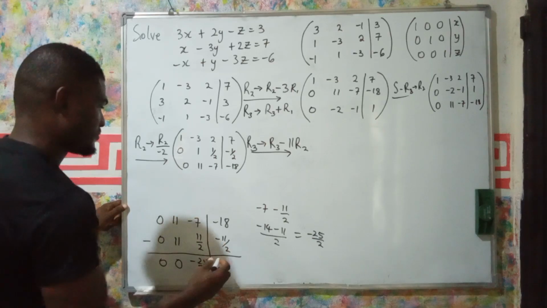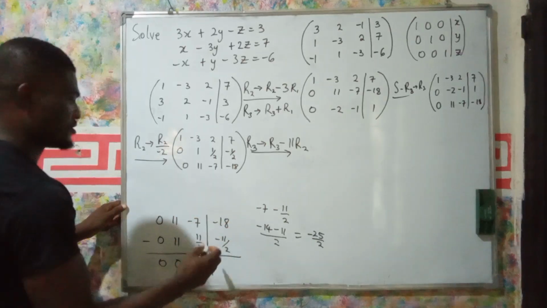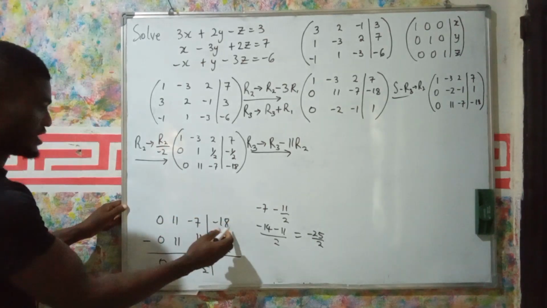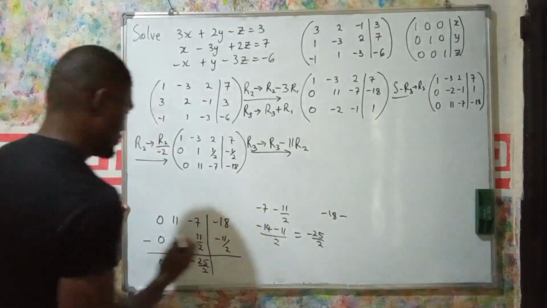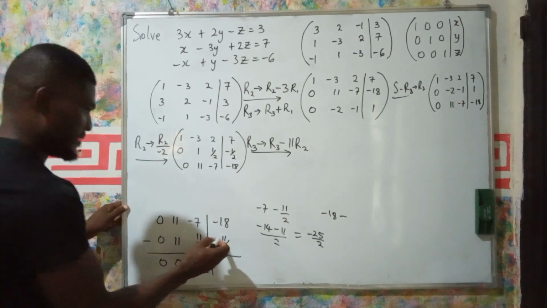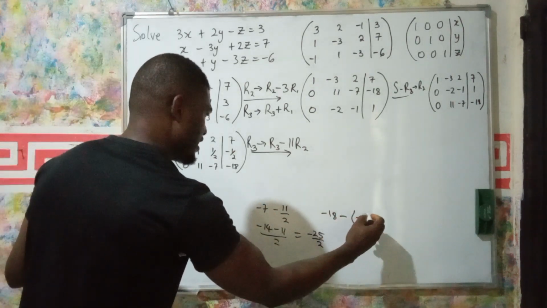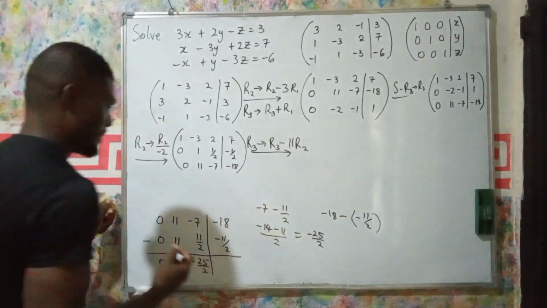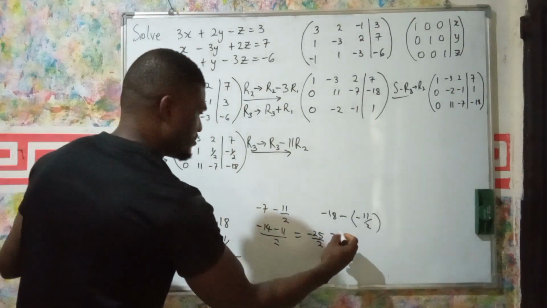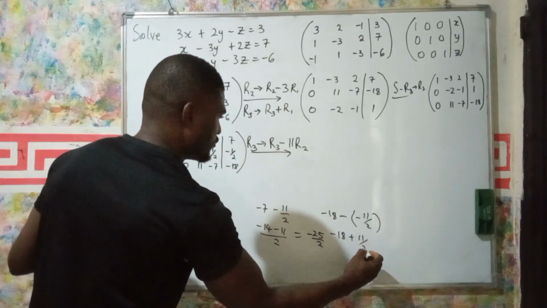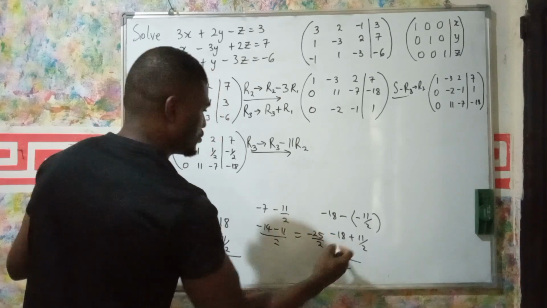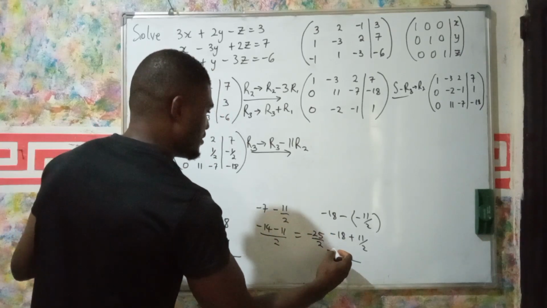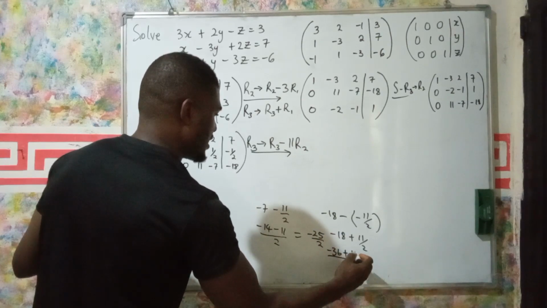And then here we have 18 minus 18, minus 18. Alright, so let's write it down. Minus 18 minus this, minus again, minus 11 over 2. So this becomes minus 18 plus 11 over 2. The LCM is 2. 2 times minus 18 will be minus 36 plus 11.